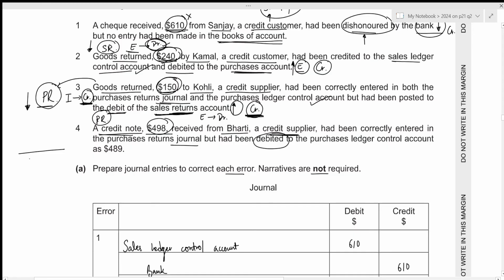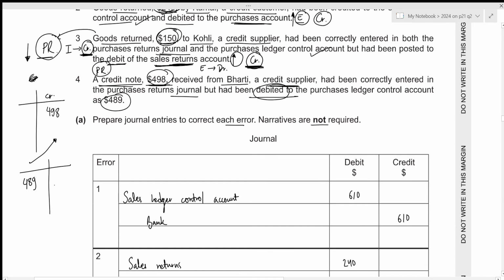Okay, so the correct amount was 498. And this should have been shown on the credit side. But what we did was we showed the amount of 489 on the debit side. Now we need to make this look like this. So what we need to do is first remove the incorrect amount of 489 from the debit side.